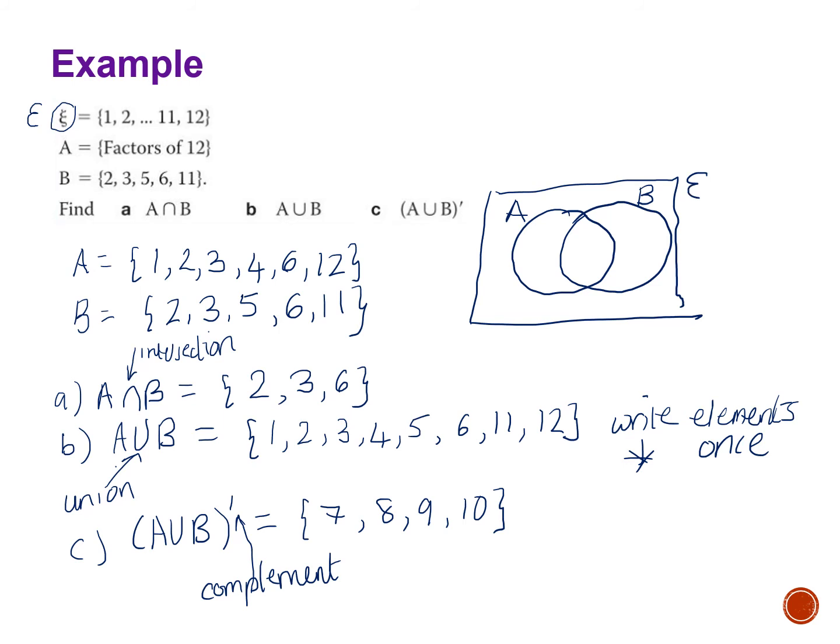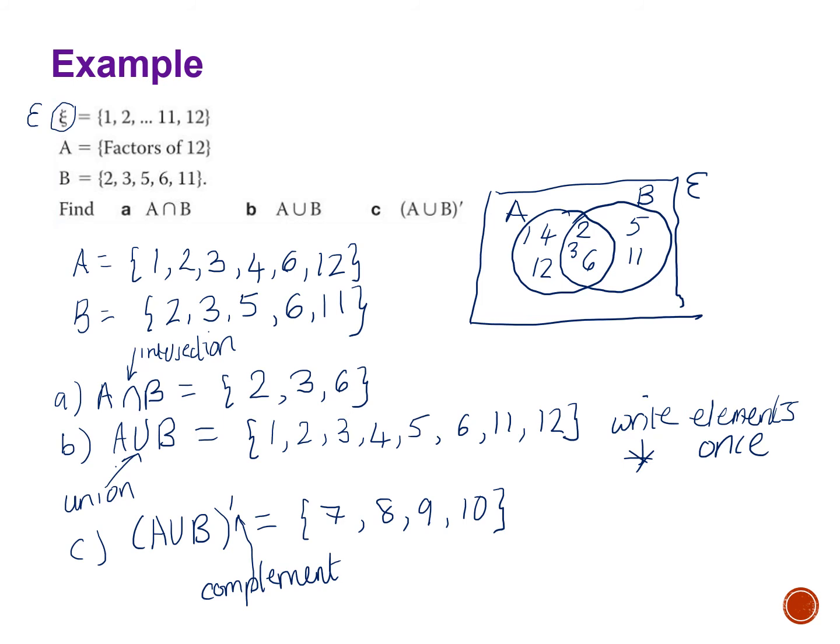So what my Venn diagram would look like, the intersection here would have 2, 3, and 6 in, and I just list them like that. A would have the elements of A that aren't in there, so that would be a 1, a 4, and a 12. B, again, would have the things that are in B but not already mentioned in the intersection, so that's going to have 5 and 11 in it.